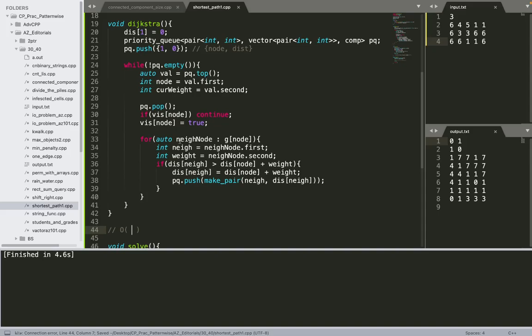So for each e, I'm pushing back to the priority queue and popping from the priority queue, which at any arbitrary point in time will contain at most n nodes. So m log n is the complexity of the entire algorithm.